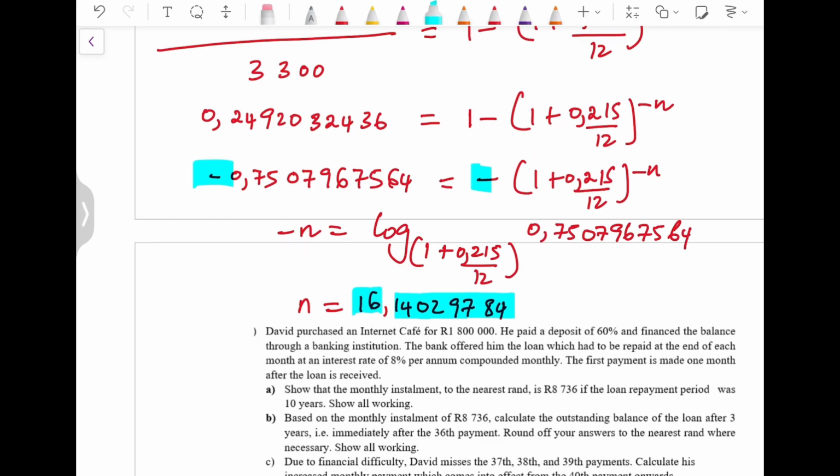So here in total there are 17 payments, but the answer here you'll say 16 payments at 3,300. The payments at 3,300 are only 16. There is another payment, but that payment will be smaller than 3,300. That is question number 1. So the answer is 16 payments.